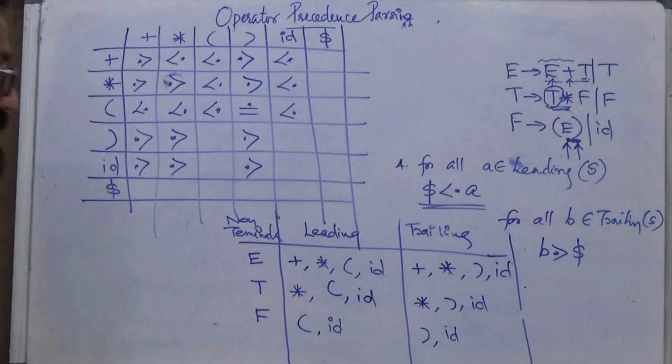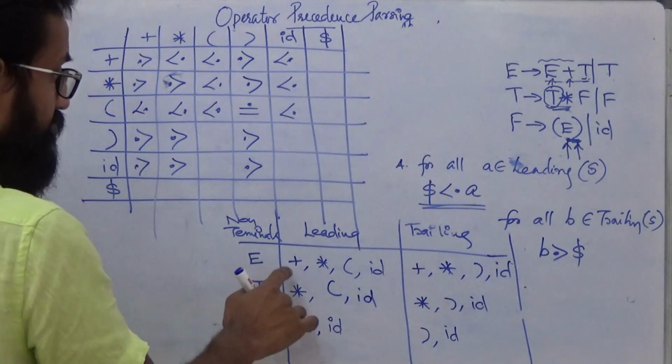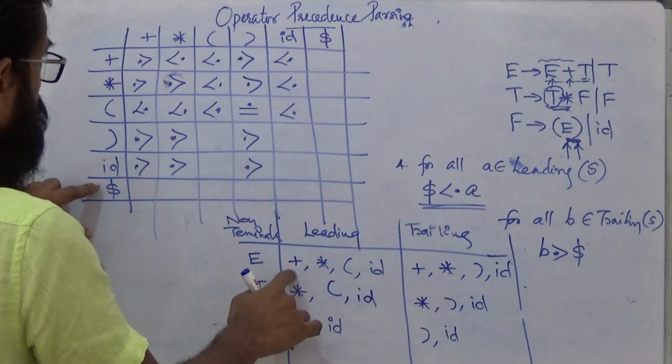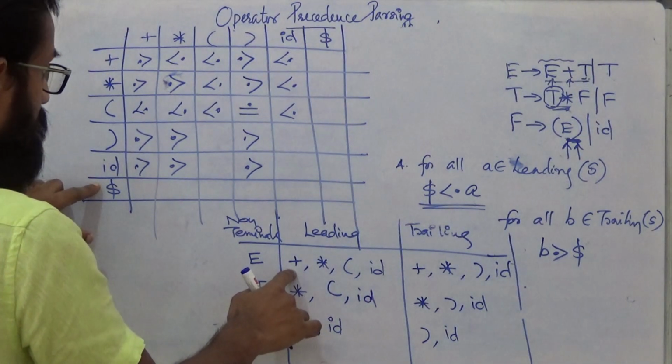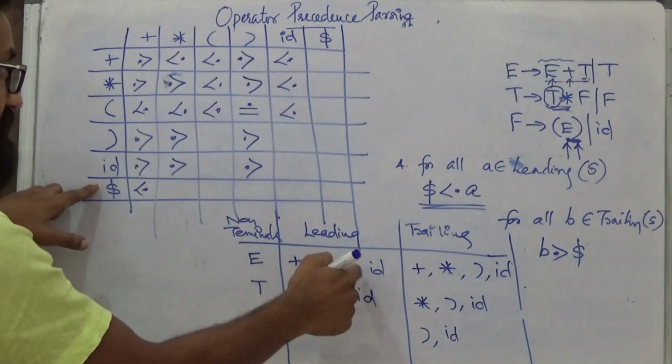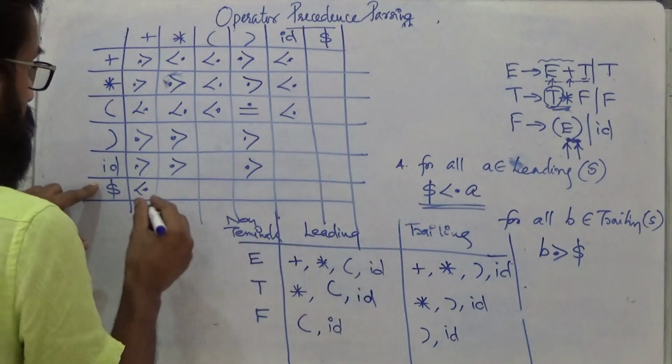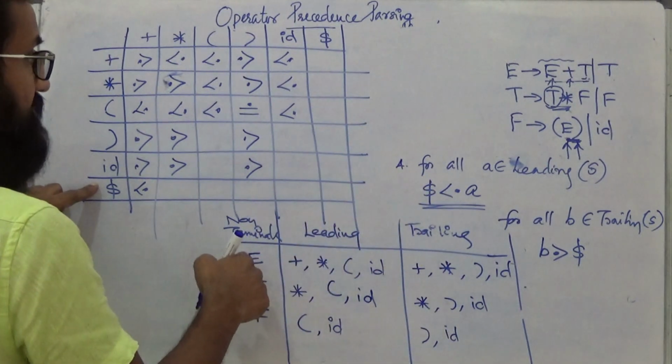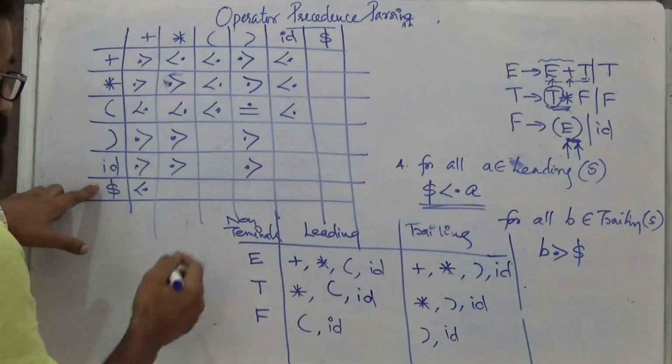So what about the elements that belong to leading of E? Leading of E includes plus. So dollar is having lesser precedence as compared to everything that belongs to leading of the start symbol. Start symbol is E in this case.